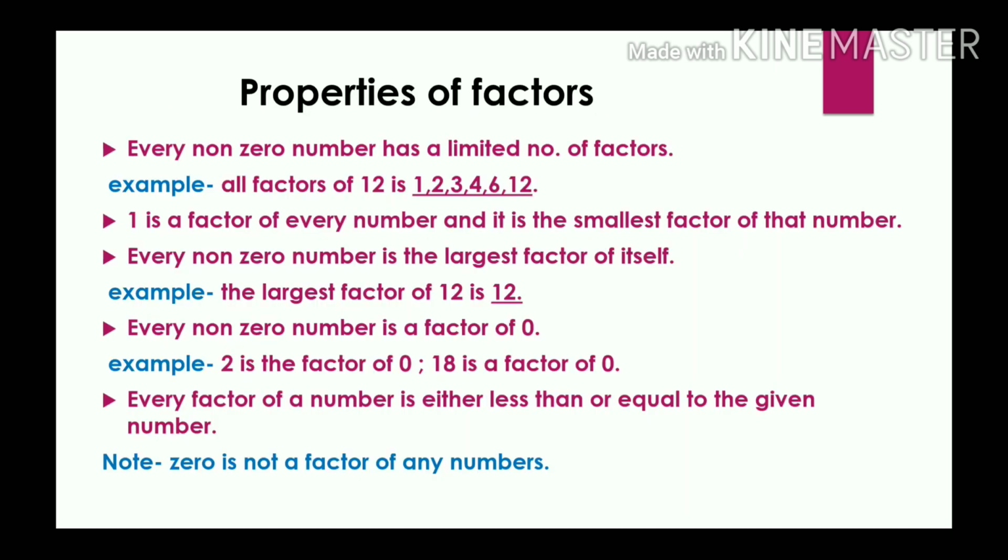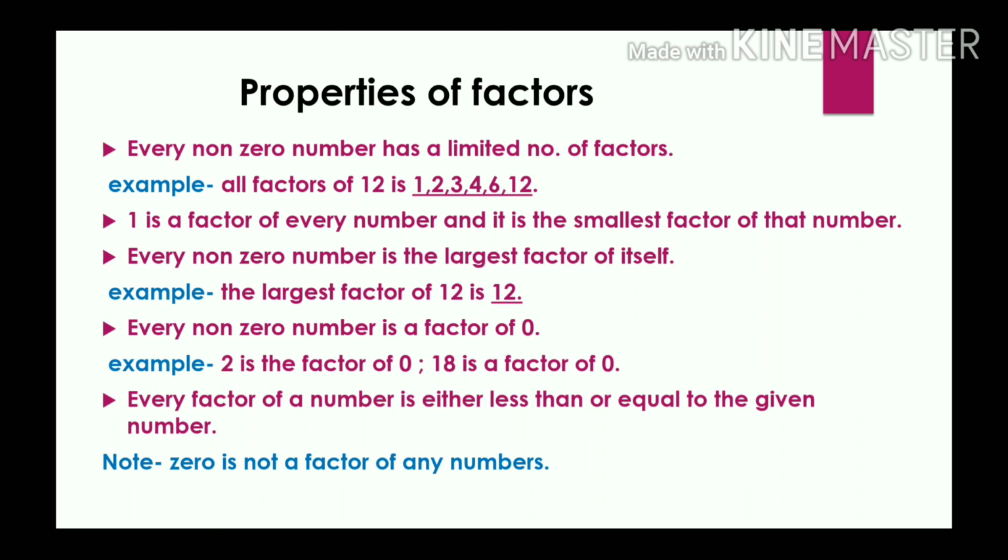Now let's discuss the properties of factors. So, every non-zero number has a limited number of factors. For example, all factors of 12 are 1, 2, 3, 4, 6 and 12.